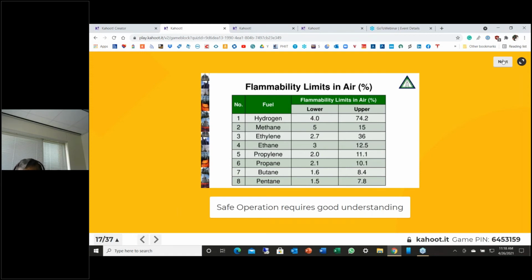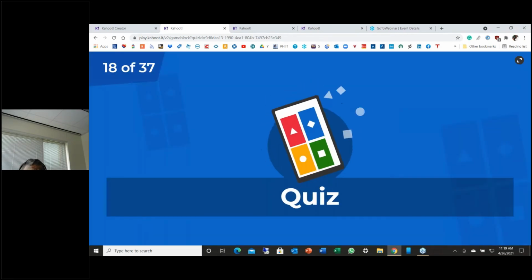We are all talking of burning hydrogen, but you see hydrogen has the widest range of flammability, from 4 to 74%. All the other gases are 5 to 15, 2 to 36, very narrow range for burning. So those are much safer to handle. Hydrogen has a flammability limit from 4 to 74, so it does require special handling.